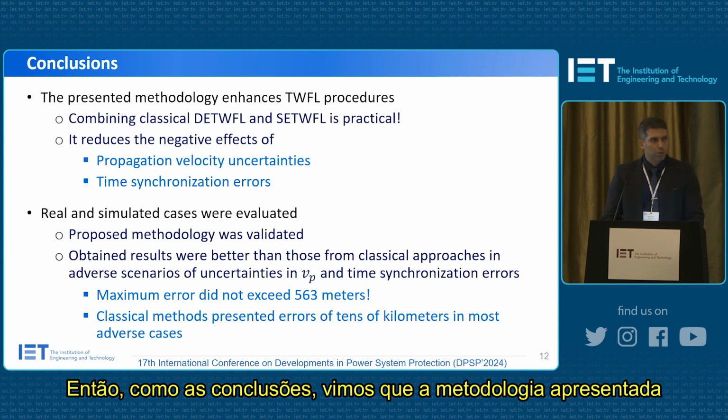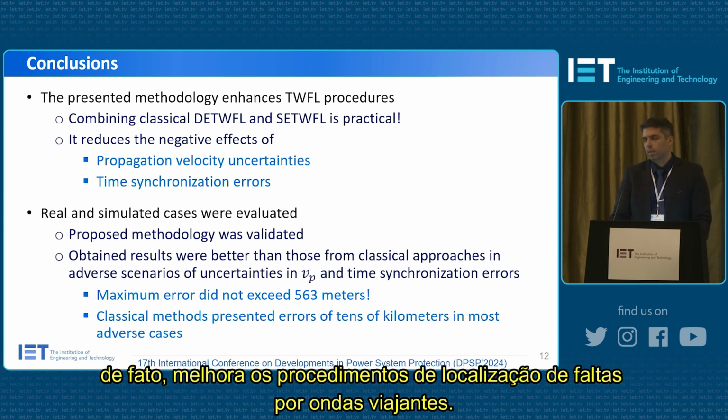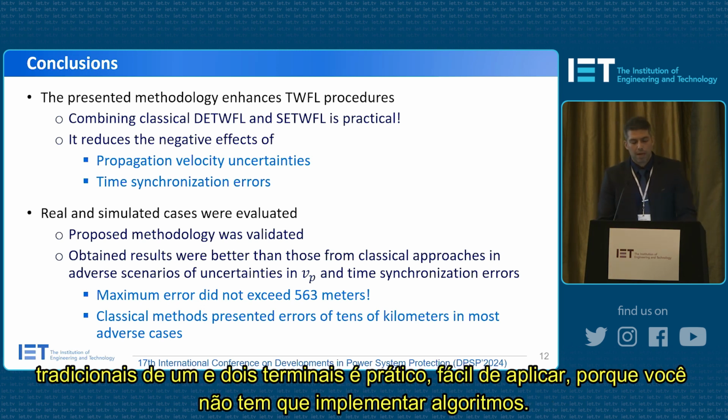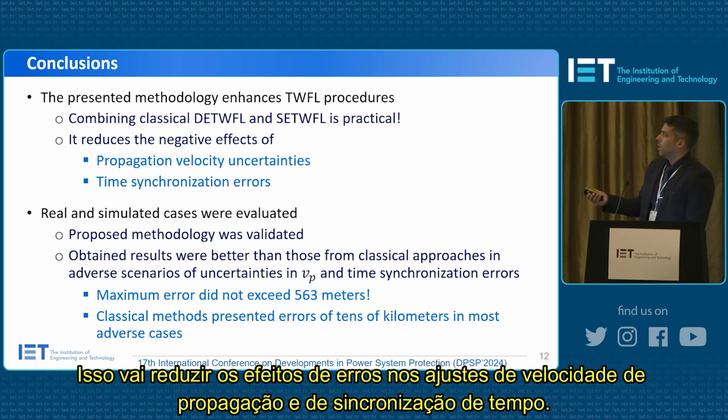As conclusions, the presented methodology indeed enhances the traveling wave fault location procedures. We consider that combining the promptly available results from traditional double-ended and single-ended fault location methods is practical and easy to apply, because you do not have to implement algorithms, and it reduces the effects of propagation velocity uncertainties and time synchronization errors.